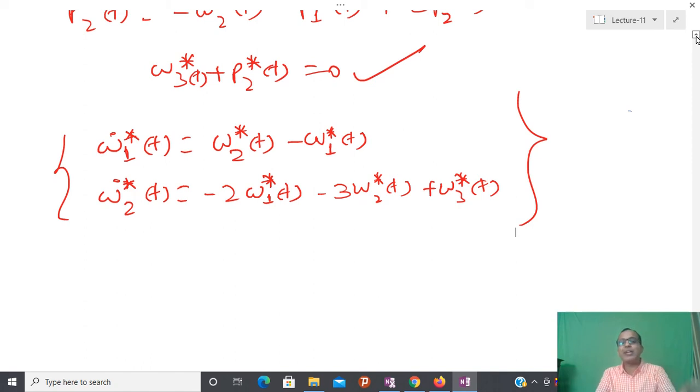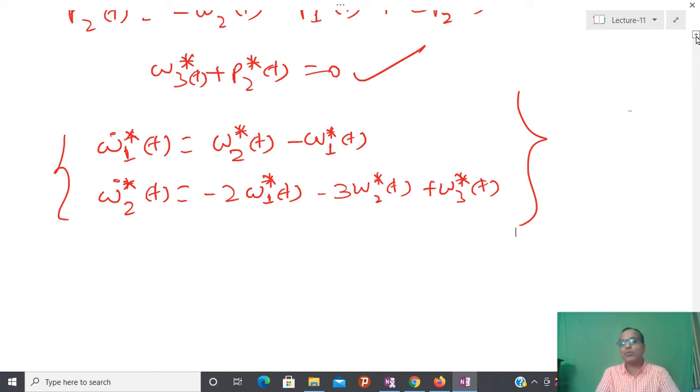And now the story is pretty easy. You have to define the augmented function, define the constraint in the form of a differential equation, and after defining the augmented function you just have to solve the Euler equation. So things are pretty easy. In this way I am able to solve the optimal control problem also.